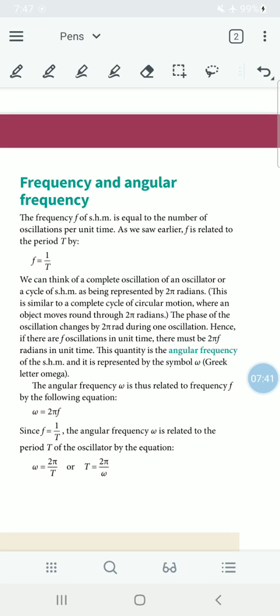Leave a line and write. In other words, the phase of the oscillation changes by 2 pi rad during one oscillation.